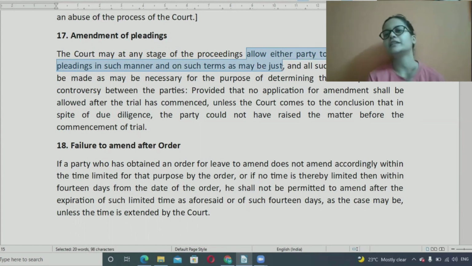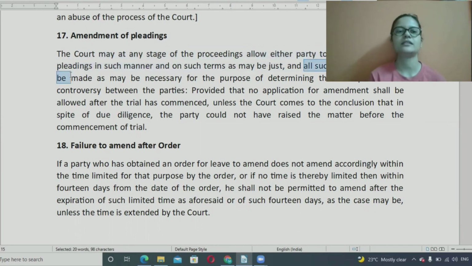If the court feels that this is a proper ground, a valid reason based on which we can allow the party to make some changes in the pleading, that may be allowed by the court at its discretion. It may be allowed to either the plaintiff or even the defendant. And all such amendments shall be made as may be necessary for the purpose of determining the real question in controversy.